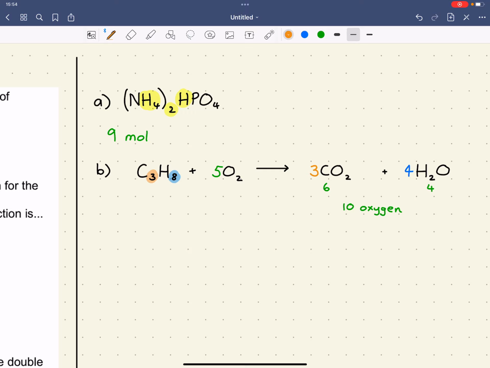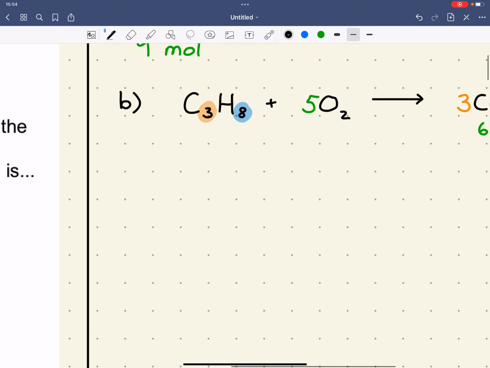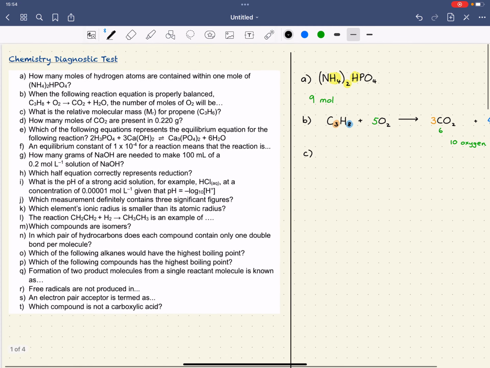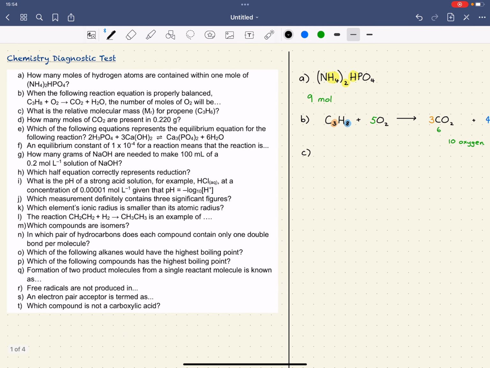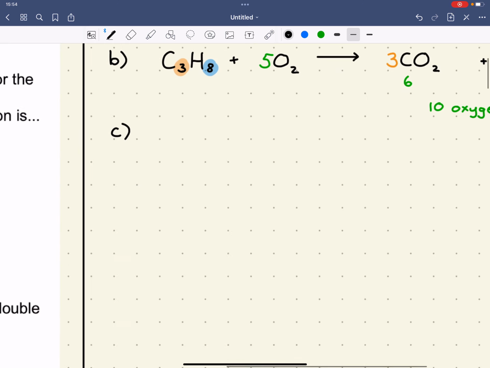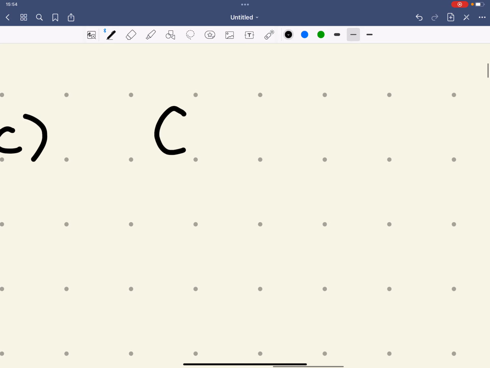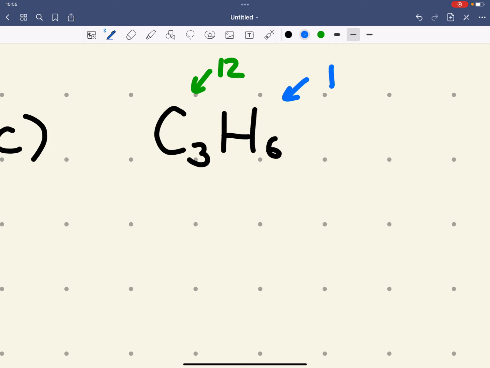Let's have a look at part C. Part C asks us, what is the relative molecular mass, the Mr, of propene? And you're given the Ars in the question. So we've got C3H6, and it tells you that the Ar of carbon is 12, Ar of hydrogen is 1.